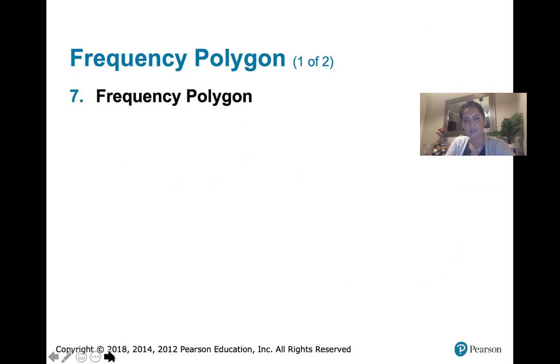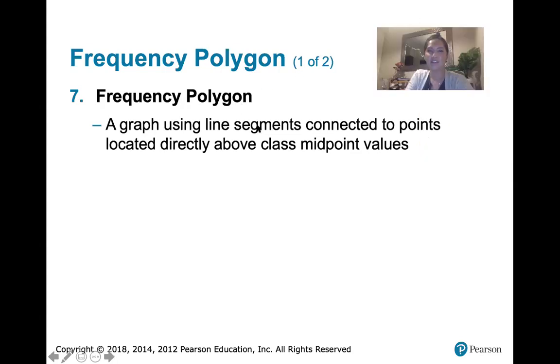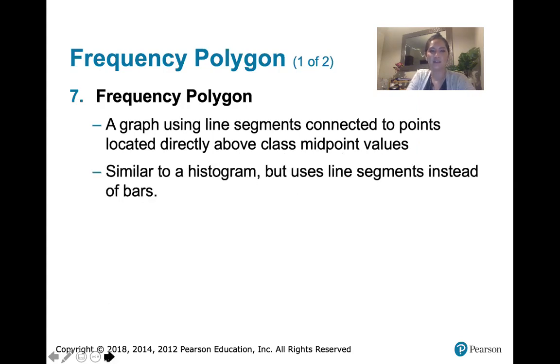And so we have the class midpoint plotted along with the frequency on that vertical axis, and we connect those with line segments, and that graph is going to be called a frequency polygon. So frequency polygons are graphs using line segments connected to points directly above the class midpoint values. Again, it's similar to a histogram, but we use line segments instead of bars.